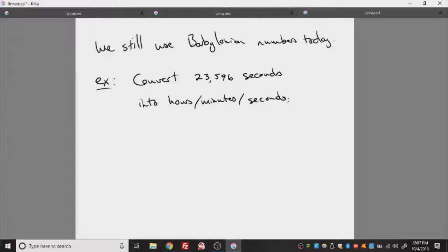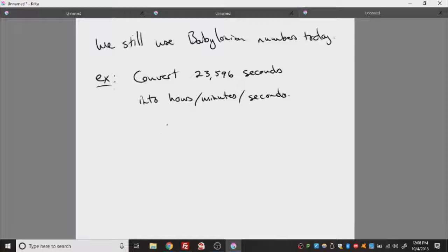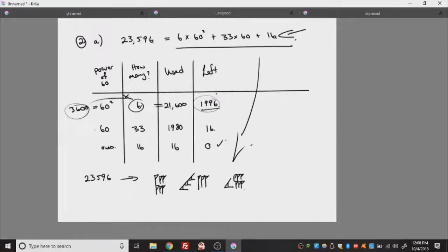How many seconds are in a minute? How many minutes are in an hour? It's Babylonians that made that. Think it was just random? You just decided to count in 60s? No, they did, and we stole it from them. Well, not stole, it just came down to us over the years. You would do exactly this calculation and say 6 hours, 33 minutes, 16 seconds.